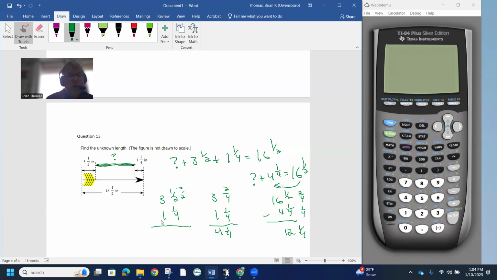Now, if you want to, you could just use your calculator and just recognize that all I gotta do is start with the 16.5 and subtract 1 1/4 and subtract 3.5. We can also use decimals, if you will.